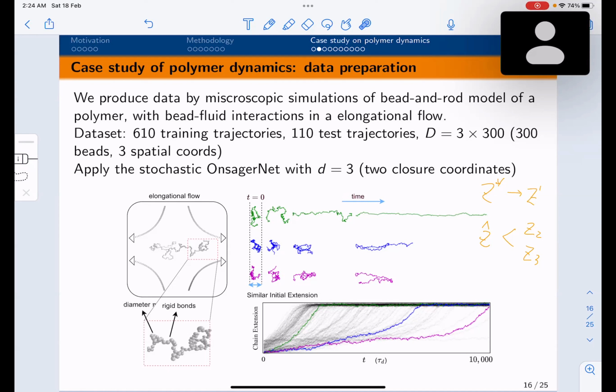We can see here, because for a fixed length of the polymer, it has different shapes, right? This shape, this shape, this shape. So it couldn't have the same behavior of these 3 polymers. So this is why this star couldn't satisfy a closed system. We need to find the z hat for the polymer dynamics.